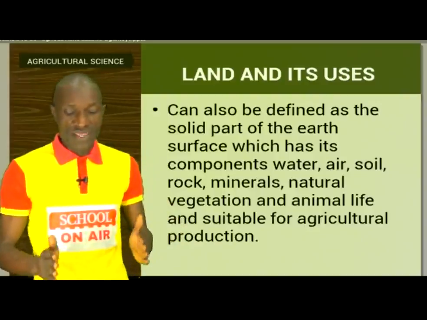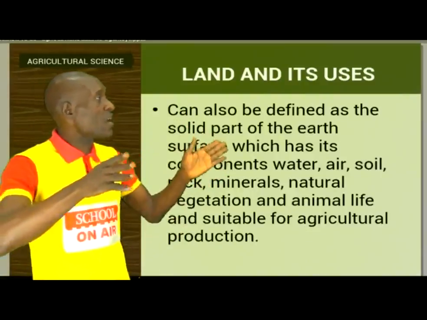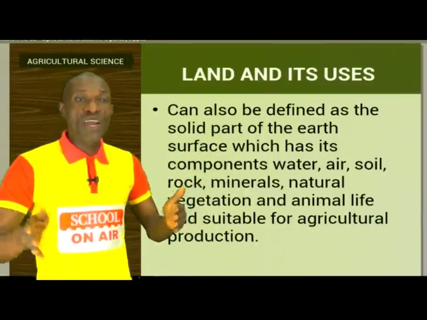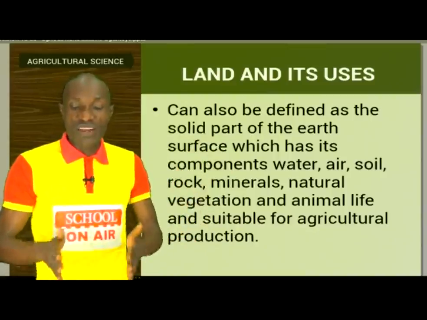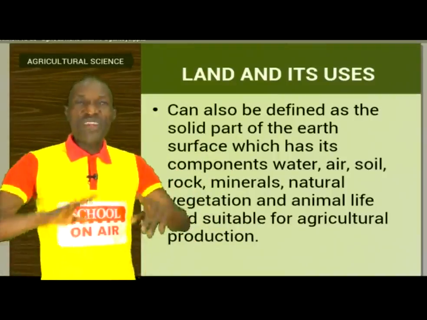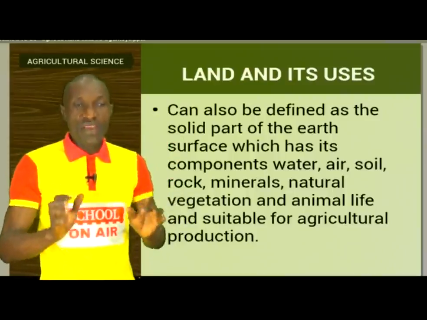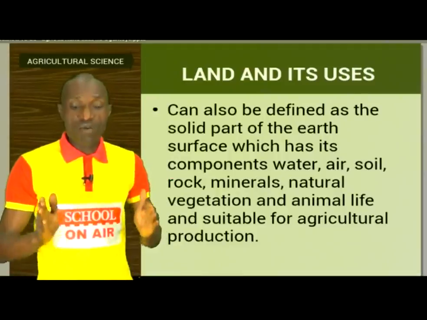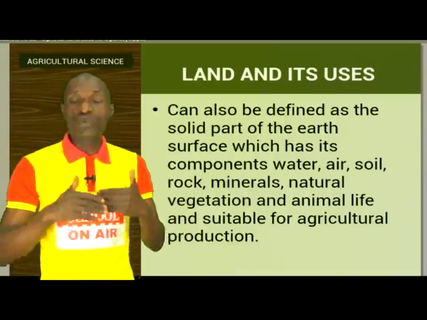What we mean by this is that the earth may be divided into the biosphere, the lithosphere, and so on. But we are talking about the land, being the solid part of the earth surface with its components. The components can be the air, the water, mineral matter, organic matter, and so on.